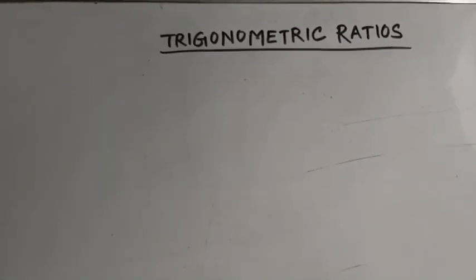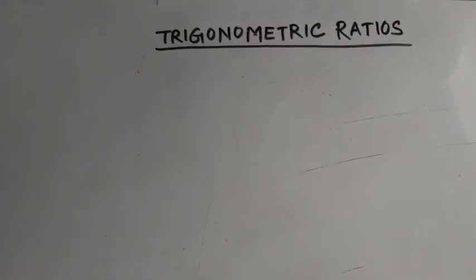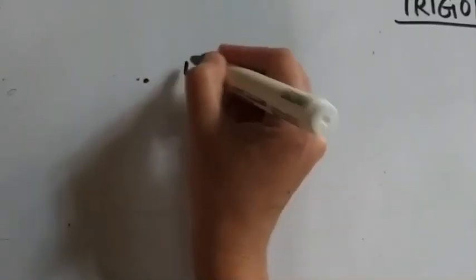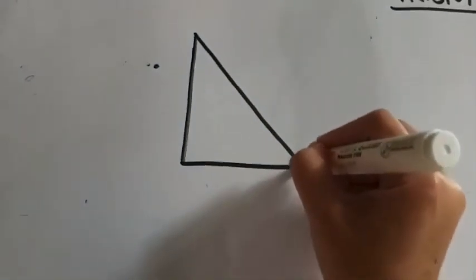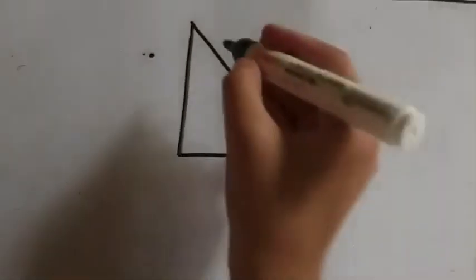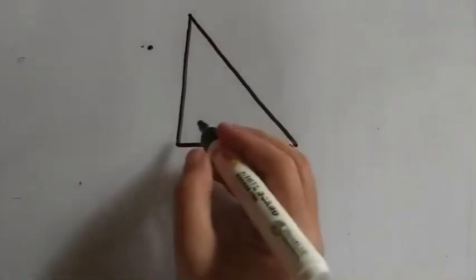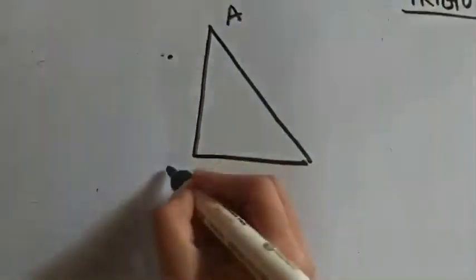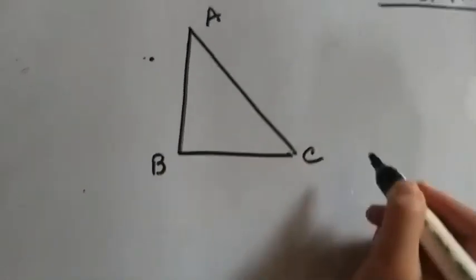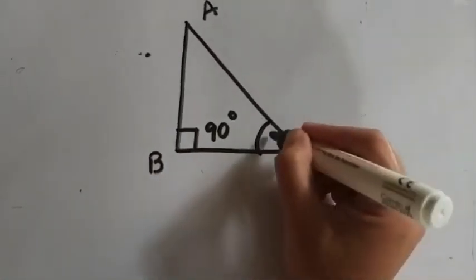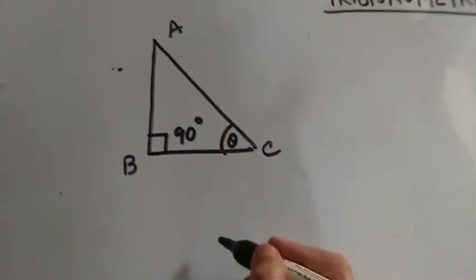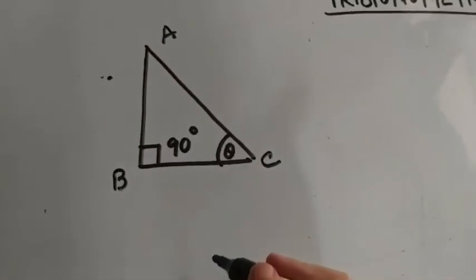Okay, now we will discuss the formula of trigonometric ratios. Number 1, before starting the formula, let us draw the figure of a right angle triangle, and let us give the name ABC. Angle B is always 90 degree. Angle C, let us denote as theta.